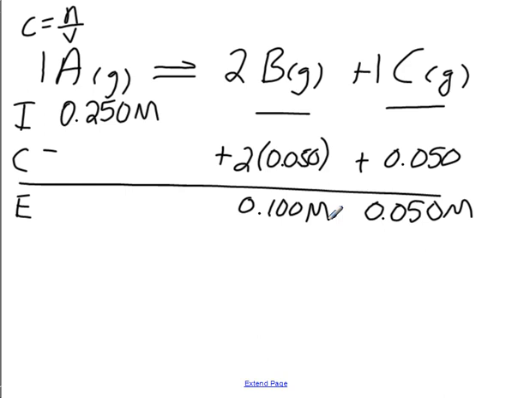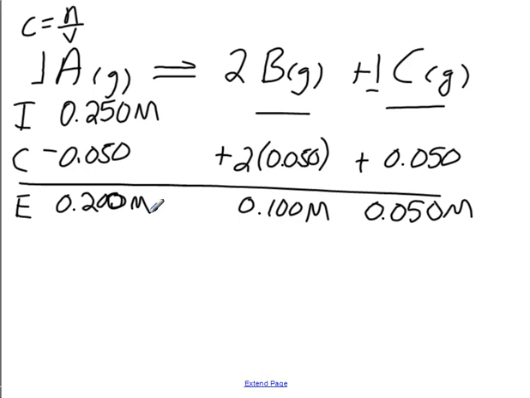For substance A, the ratio is 1 mole of A for every 1 mole of C, so now it's a 1-to-1 ratio, so it will lose the same amount that C gained, 0.050. So 0.25 minus 0.05 means we have 0.200 molarity of substance A at equilibrium.